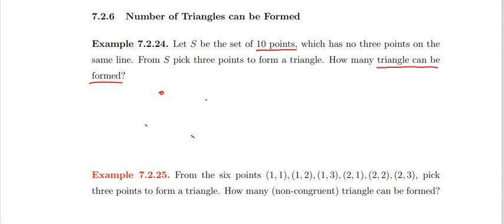We just pick 3 points and make a triangle, right? So this can be this triangle, or if we pick these 3, we can make this triangle. So how many triangles? From 10 points, we just pick 3.